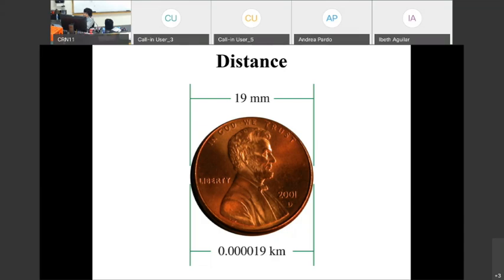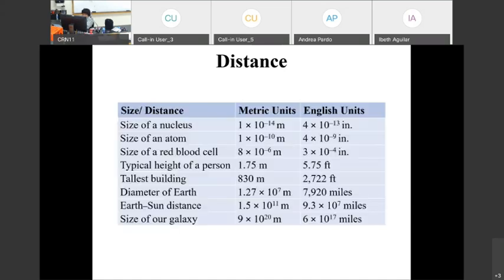So it's clear why we have different prefixes for different sizes. Depending on what you are measuring, we start using other units, other prefixes, powers of 10. For example, for the nucleus of the atom, as I said before, we normally use nanometers or even picometers.